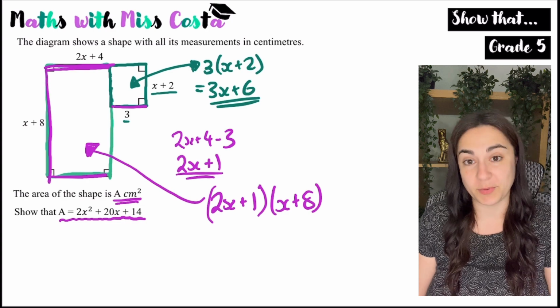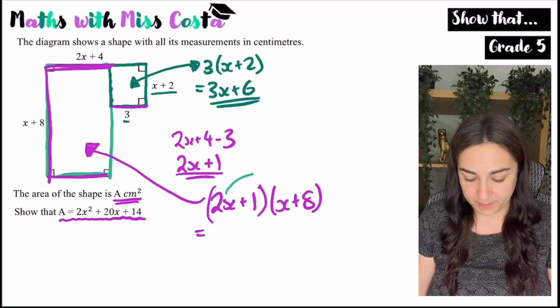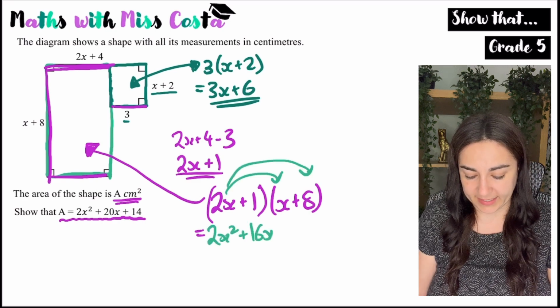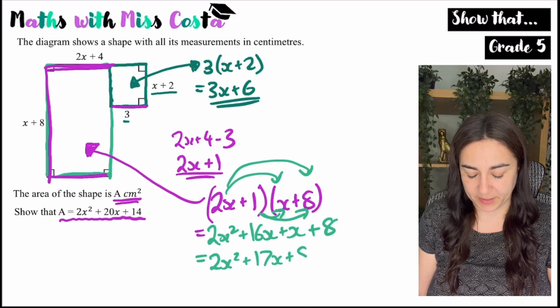So I just multiply those two to figure out the area. So if I expand that, that becomes 2x squared plus 16x plus x plus 8. And I could simplify that to 2x squared plus 17x plus 8.